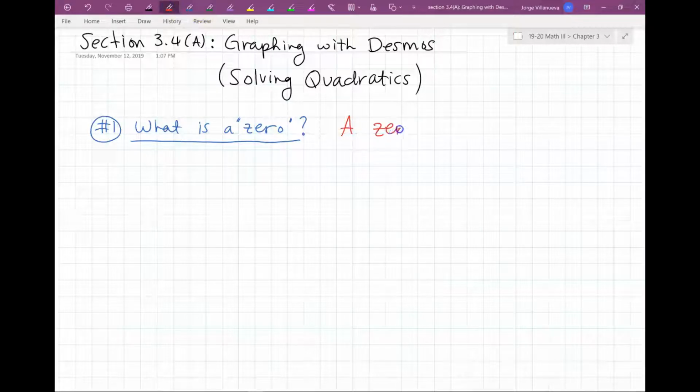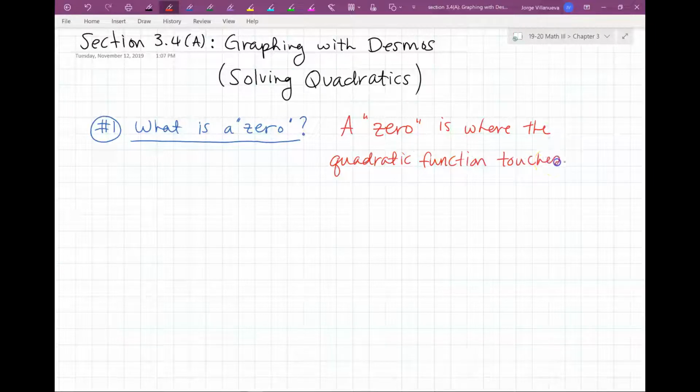A zero is where the quadratic function touches the x-axis.